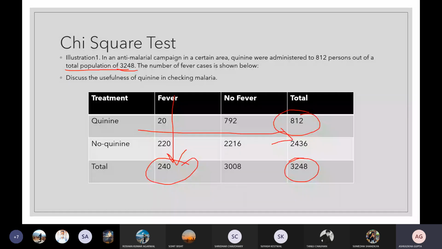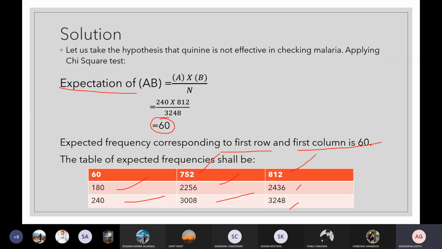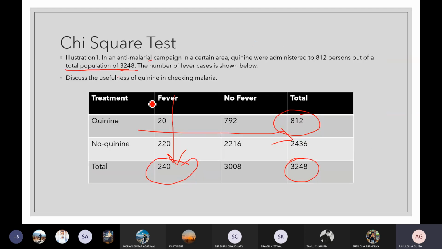So ultimately O stands for observed, E stands for expected. O minus E squared, and O minus E squared divided by E. So we can see here the same values we have to put here, and the same values of expected frequency. We have to copy the observed frequency from this place. You could see here 20, 220 and 240.